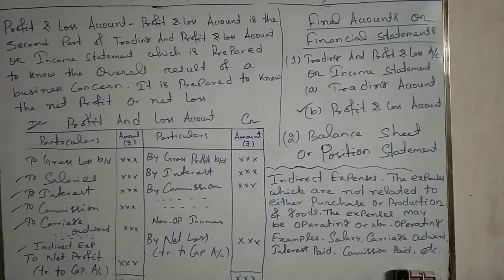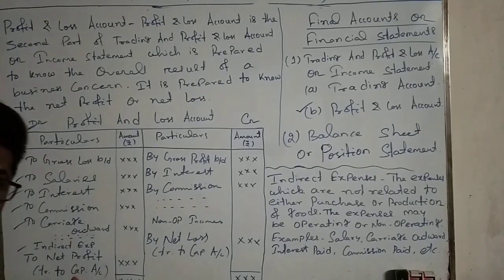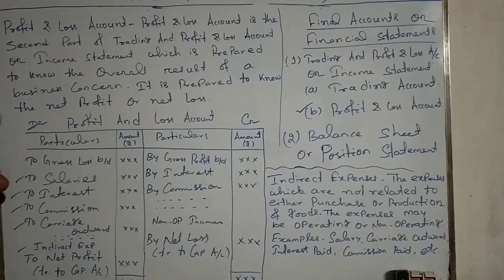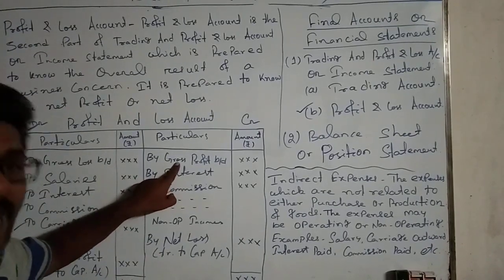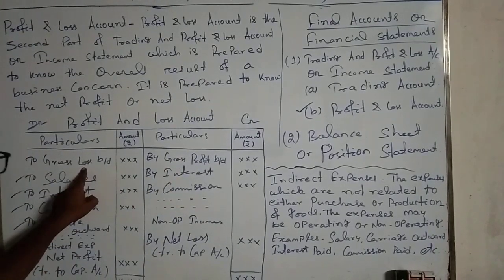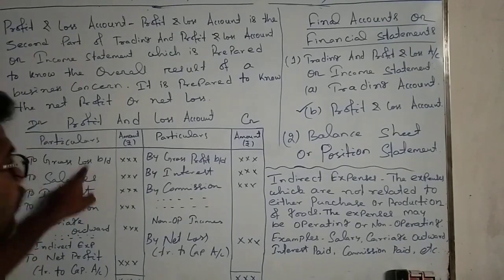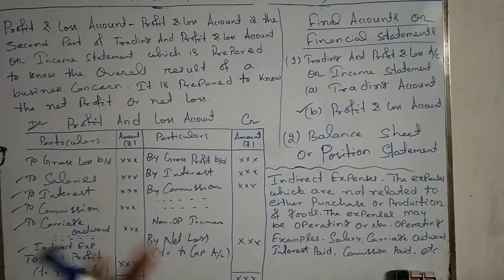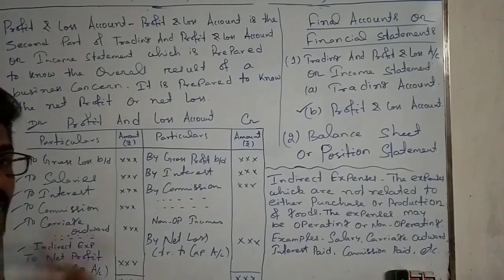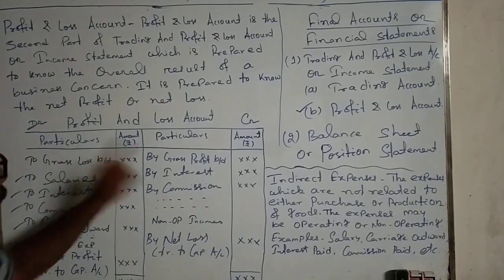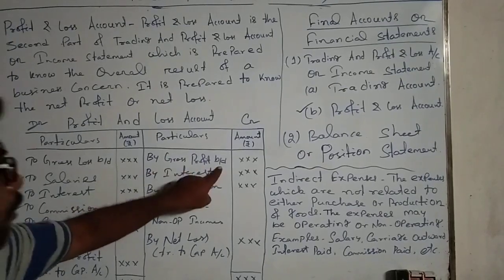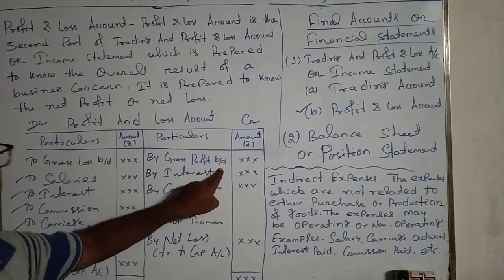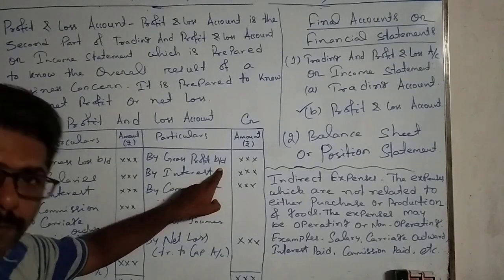First of all, remember, the trading account was closed by gross profit carried down and gross loss carried down. In the trading account, gross profit was on the debit side and has been carried down. Again, it will be brought down to the credit side of the profit and loss account.